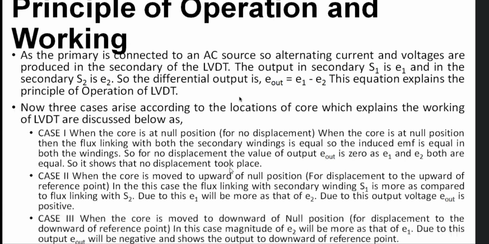Then case 2, when the core is moved upward of the null position, for displacement upward of the reference point. In this case, the flux linking with the secondary winding S1 is more as compared to the flux linking with S2.